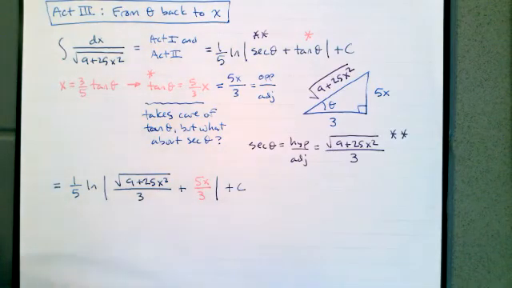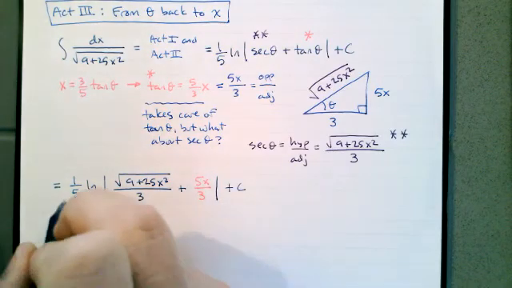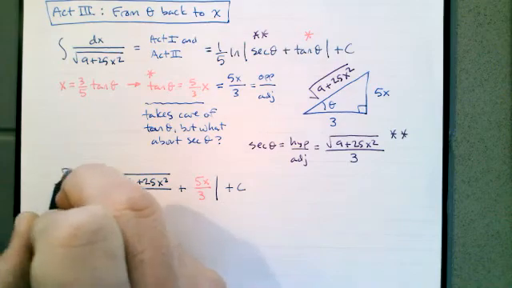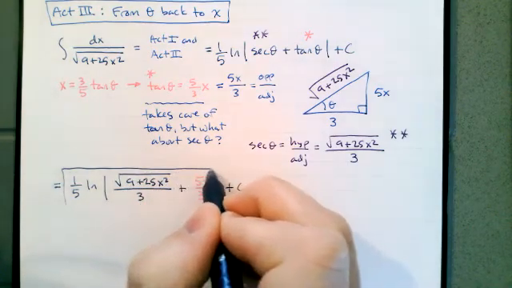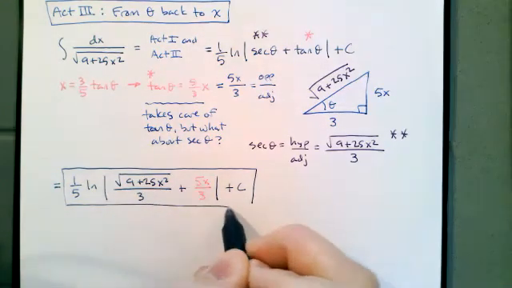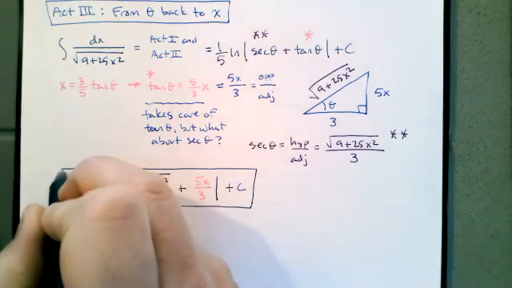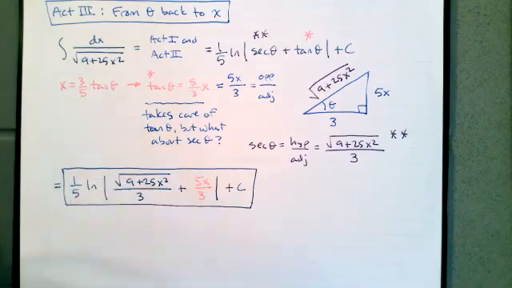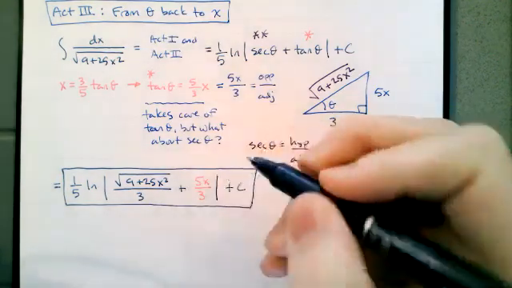Oh, I meant to write this in purple. Oh, well. And this is our antiderivative back in x. So that's how we take care of Act 3, going from our antiderivative in theta to an antiderivative in x to get our final answer.